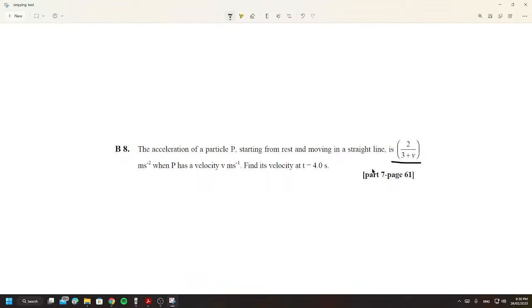Okay, so acceleration is this. Here they give us t, so we can just say dv over dt equals 2 over 3 plus v. Now we move dv to the other side, so let's just rearrange this formula.